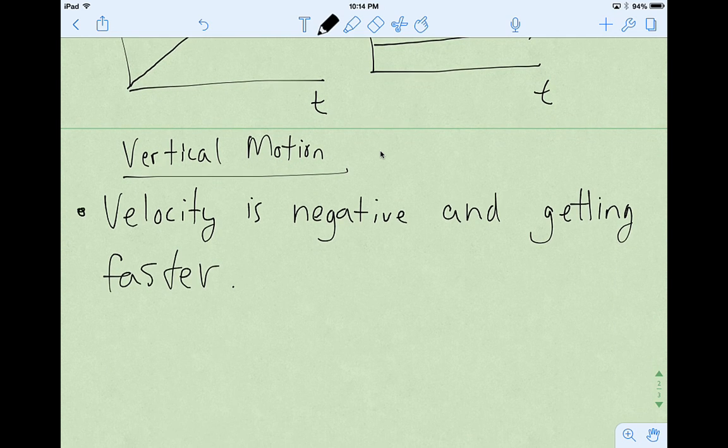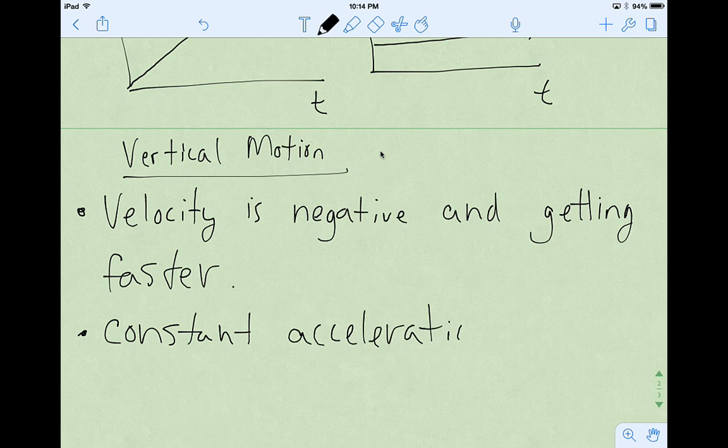That's one bullet point. And my other bullet point should be constant acceleration. And that acceleration is negative 9.8 meters per second squared. Okay?